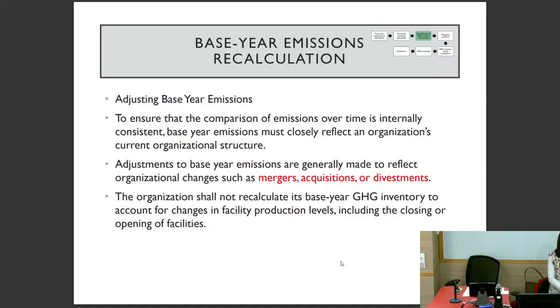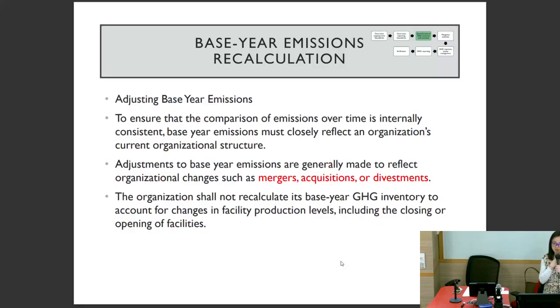And sometimes we really need to adjust the base year emissions. To ensure that the comparison of emissions over time is internally consistent, base year emissions must closely reflect an organization's current organizational structure.